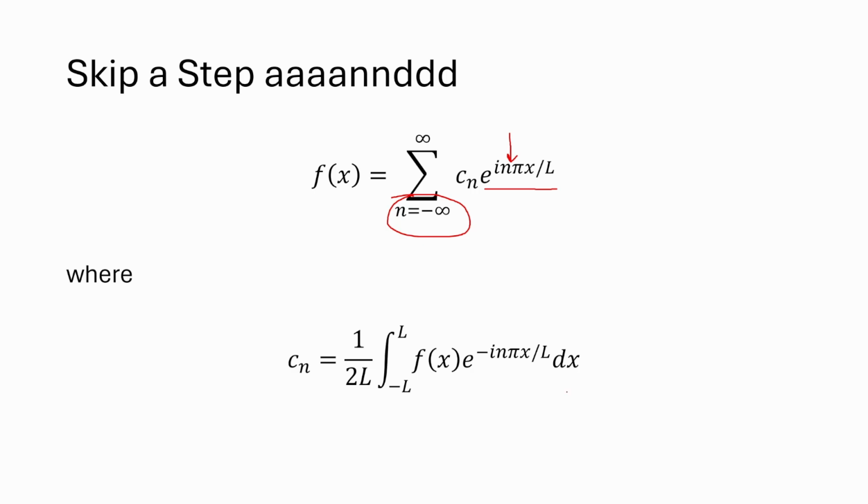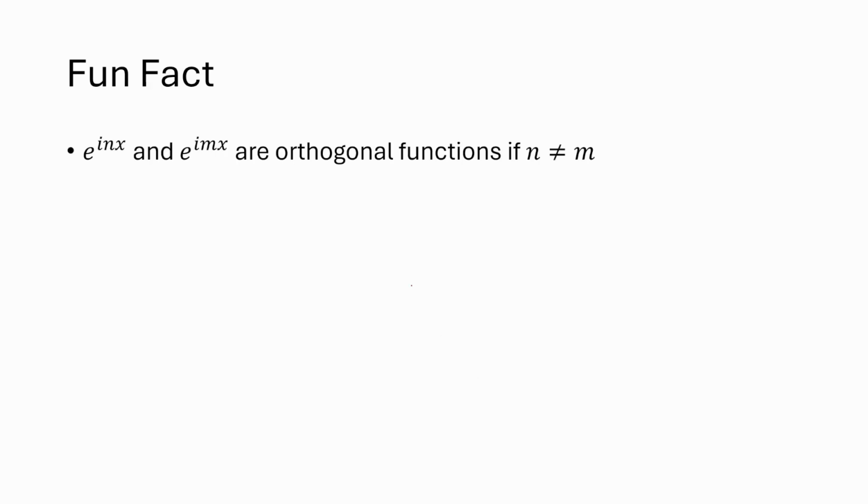Okay, so again, from a practical point of view, I recommend switching to this version if your function f of x is easier to integrate with exponentials rather than with trig functions.